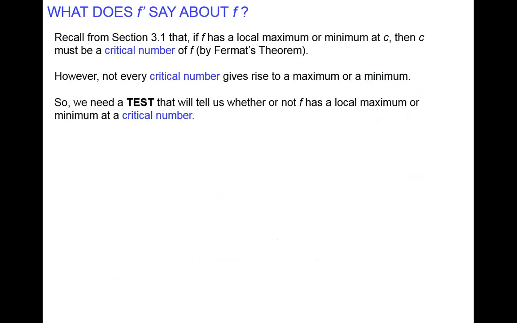What we have now is the moment, because I think I've got a few questions, even on the discussion board. Somebody asked me, how can we identify local maximum or local minimum having critical numbers? We do have a special test, and we call it the first derivative test.